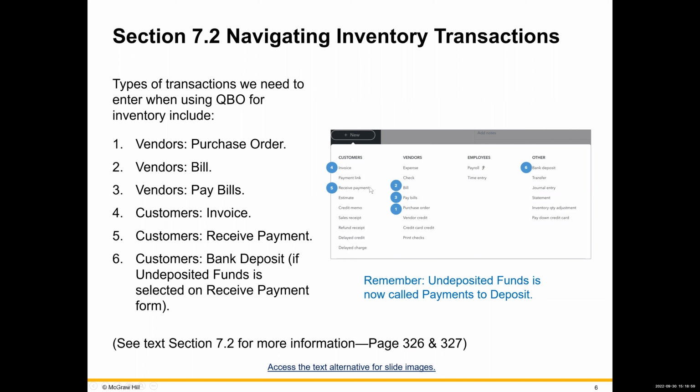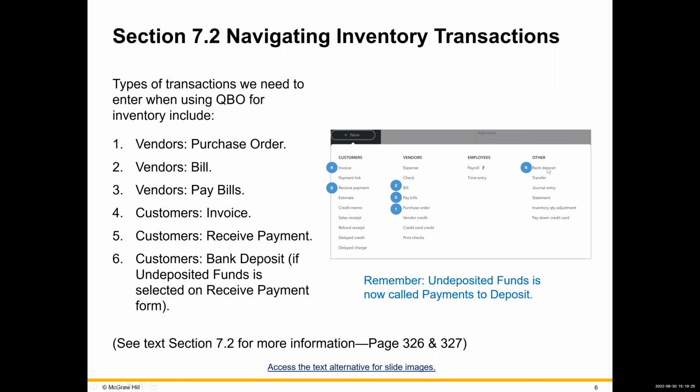Now, if we receive the payment and put it to undeposited funds, or what we now call payments to deposit, we'll need a separate bank deposit, right? Because we have the money, but it's not in the bank yet. We just have it on site. But when we march it to the bank, that's when we make the bank deposit.